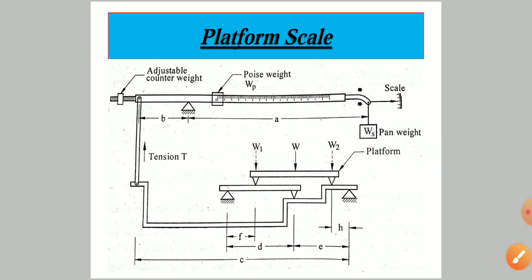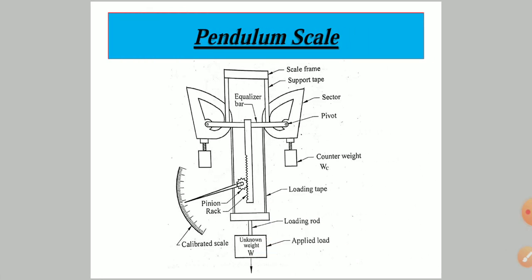The next is the pendulum scale. As shown in the figure, this is a deflection type instrument, the pendulum scale, in which the unknown weight over here is converted to a torque.